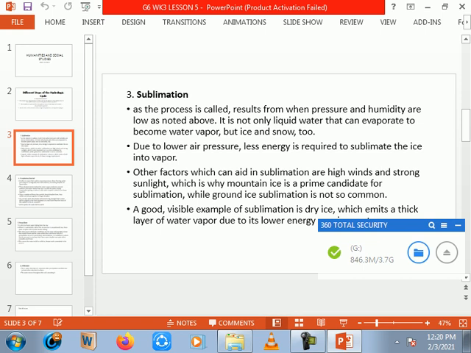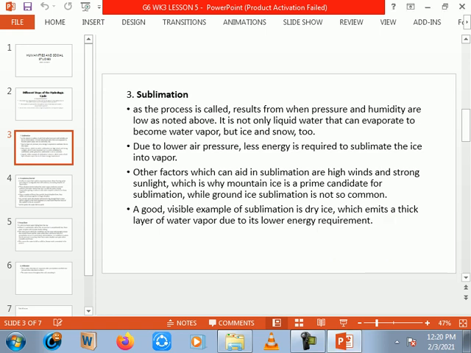A good example of sublimation is dry ice, which emits a thick layer of water vapor due to its lower energy requirement.